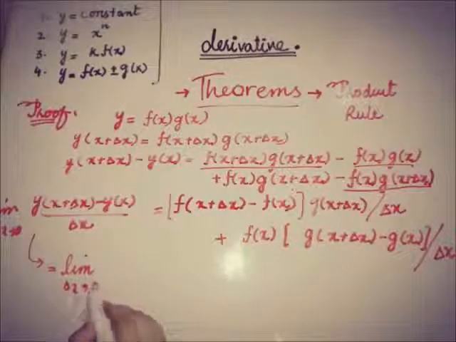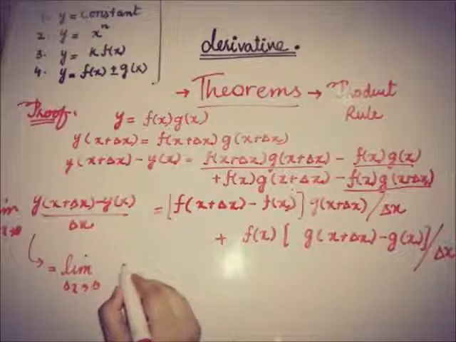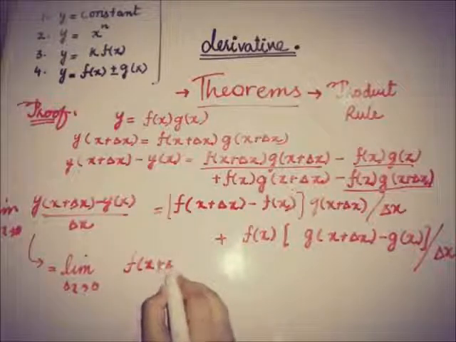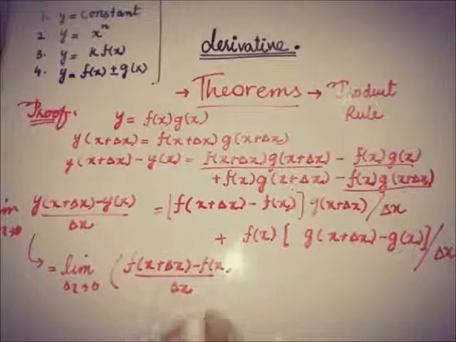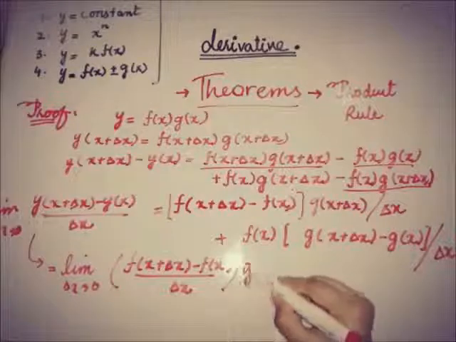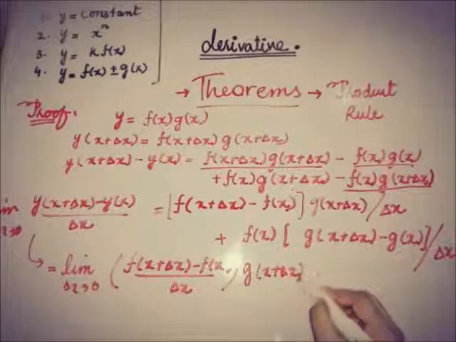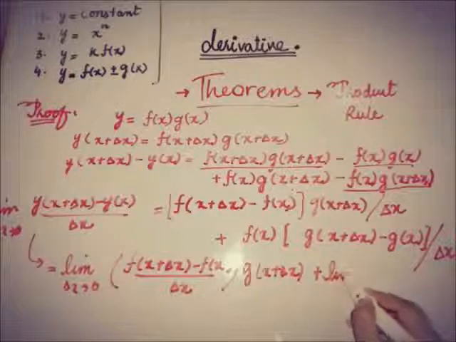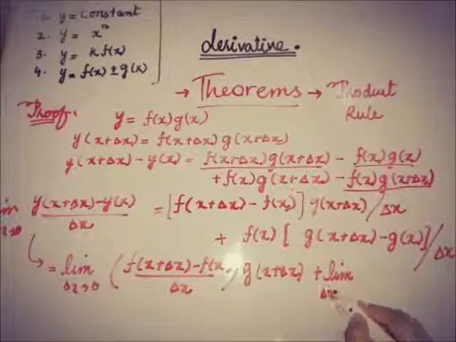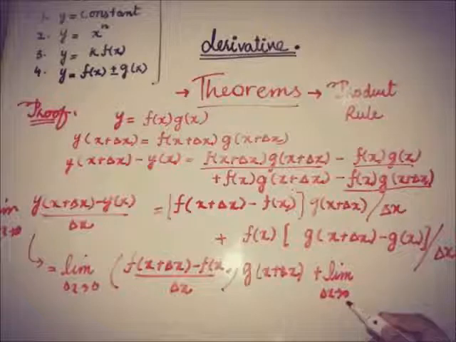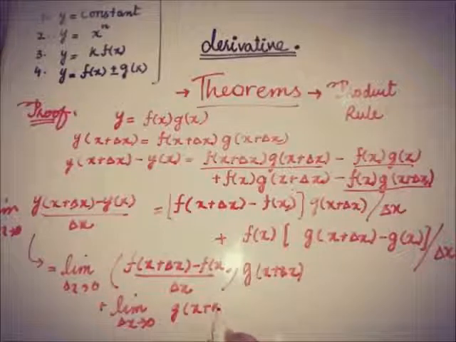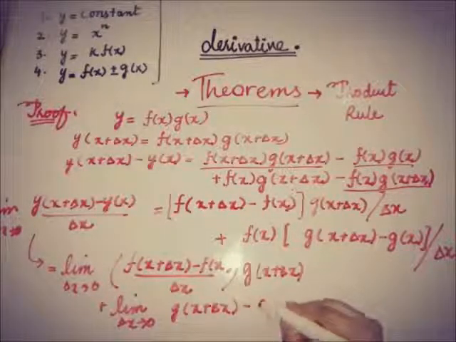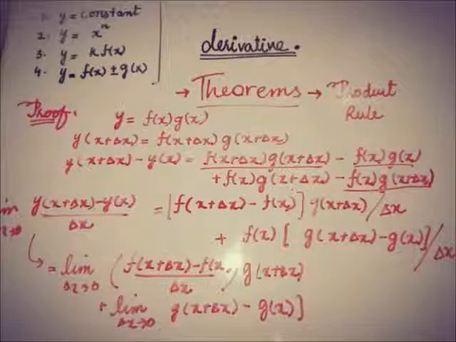Limit of f of x plus delta x minus f of x over delta x, and here g of x plus delta x, plus limit delta x approaches 0 of g of x plus delta x minus g of x, and here the change, f of x.